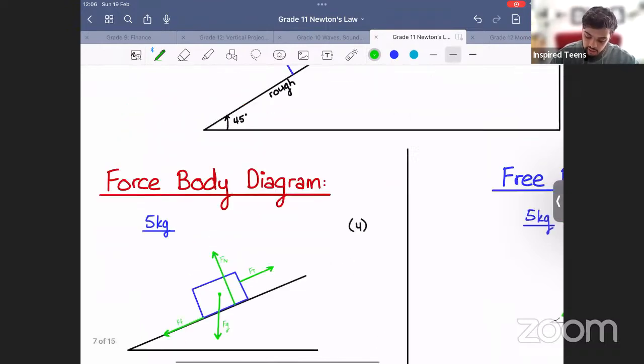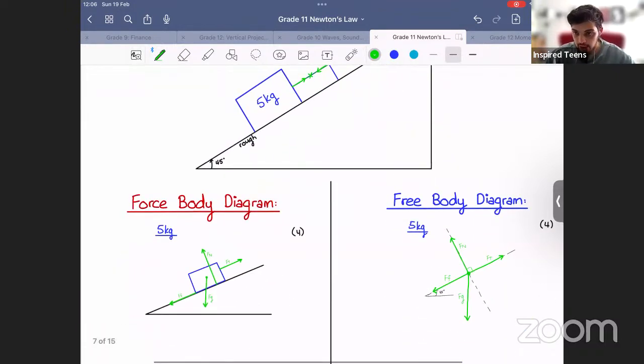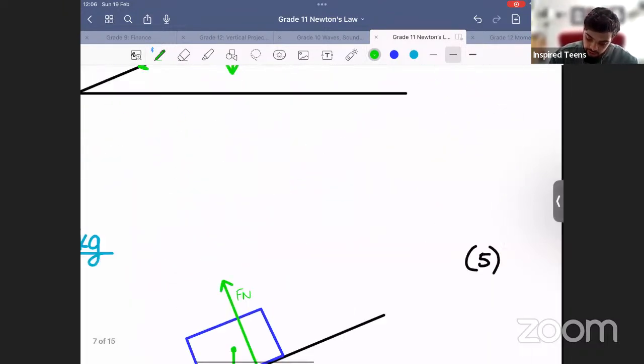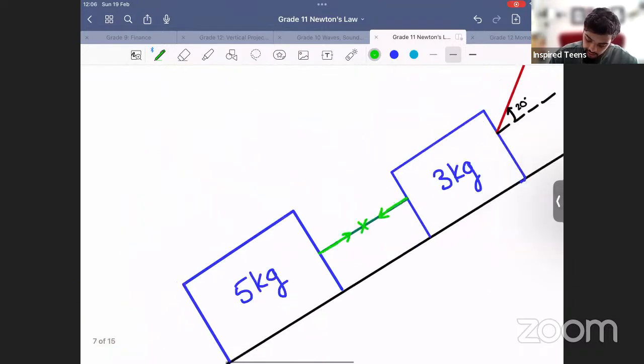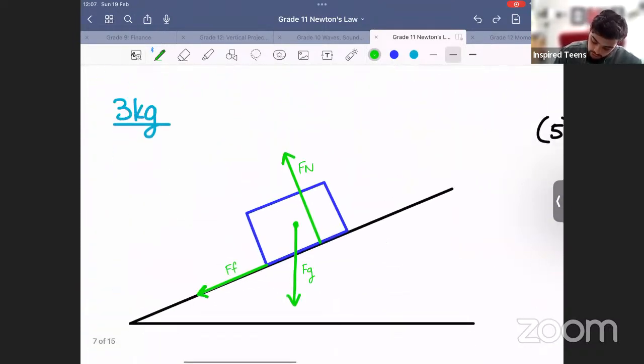Which direction is tension for the 3 kg object, people? Yes, correct. Down left or down the slope. Good. Tension is connected somewhere there, so I put my tension going downwards.